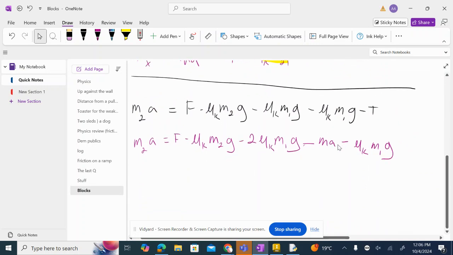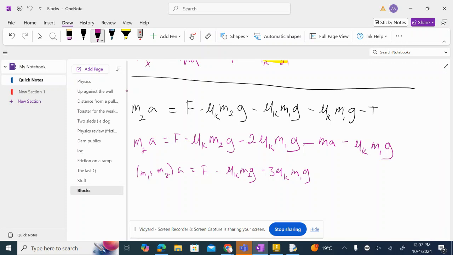So this becomes M1 plus M2, A is equal to, and then we can keep the equation as it is, or we can simplify it. So it becomes F minus mu k m2g, don't forget that, people, minus 3 mu k m1g, because we're combining, and we have 2 of this, 1 of this, that becomes 3 altogether.